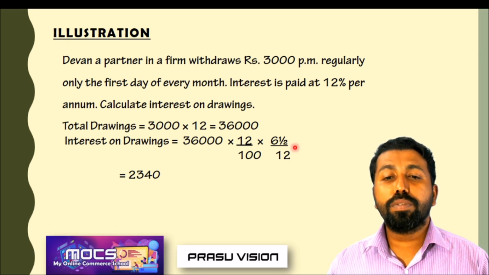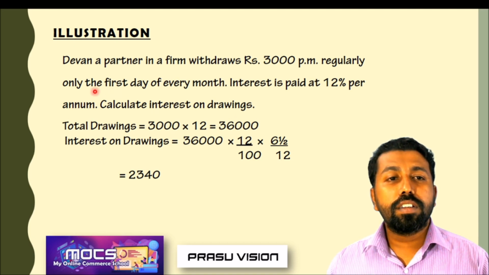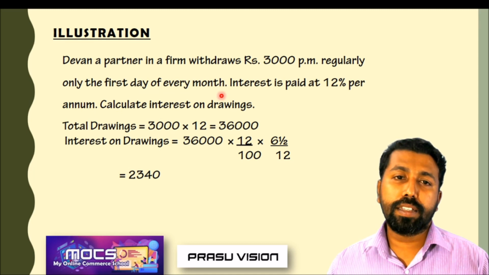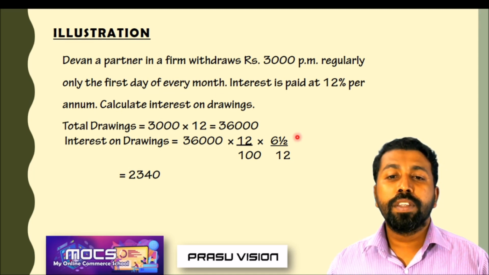Why 6.5? The drawings are made on the first day of every month. As per our first case, the average period is 6.5. So 6.5 months divided by 12 months. We will get the answer 2,340. Remember the steps.